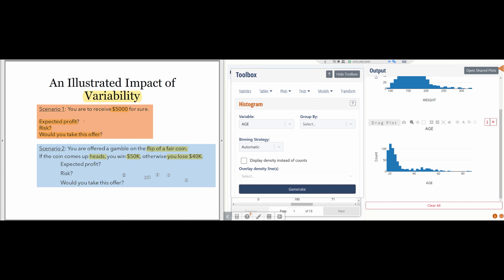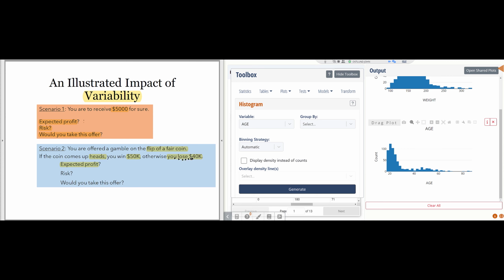So in this scenario, what is the expected profit? This is a little trickier to figure out, but you've got a 50% chance of receiving $50,000, a 50% chance of losing $40,000.